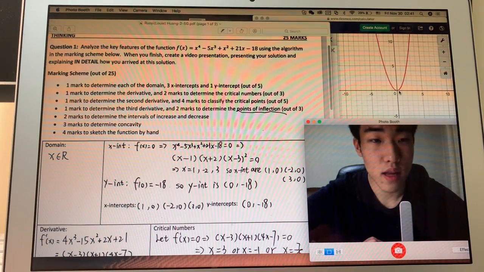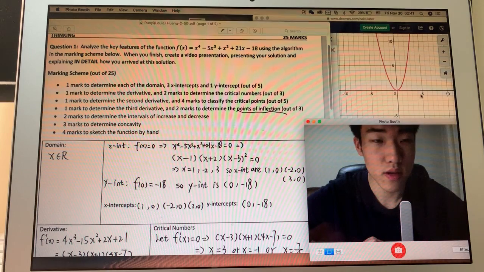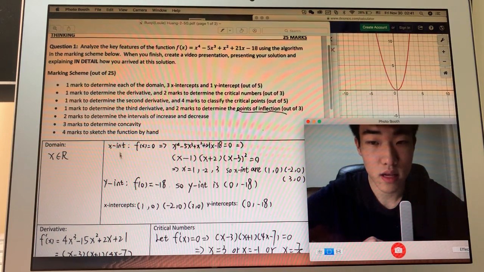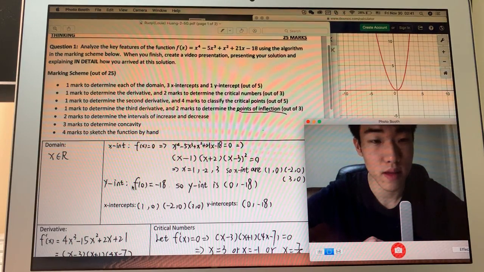But it does not necessarily need to intersect with two axes at the same time. All it means is that this graph intersects with another thing that is related to the question, and in this case, it is the x-intercept and y-intercept respectively.